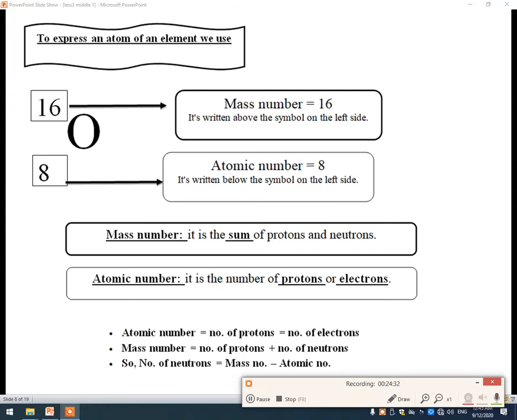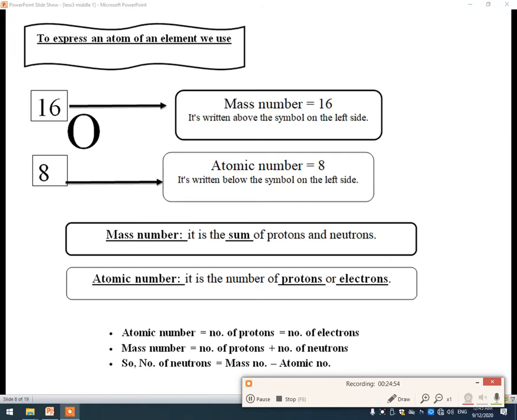For sure, you will subtract the atomic number from the mass number. So it's a rule, put it in your head: the number of neutrons equals the mass number, which is found at the top, minus the atomic number, which is found at the bottom left.